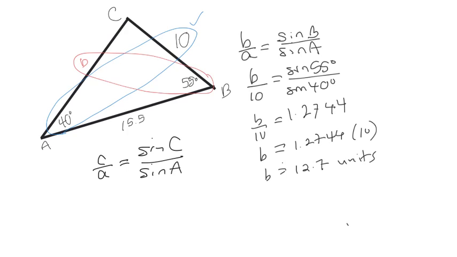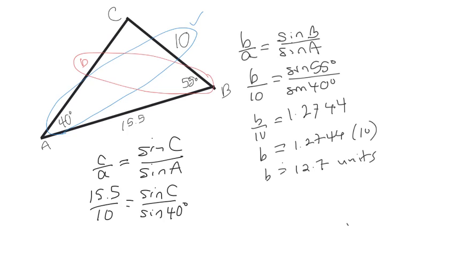Everything looks good. I'm going to put in my numbers. 15.5 divided by 10 equals sine of C divided by sine of 40 degrees.